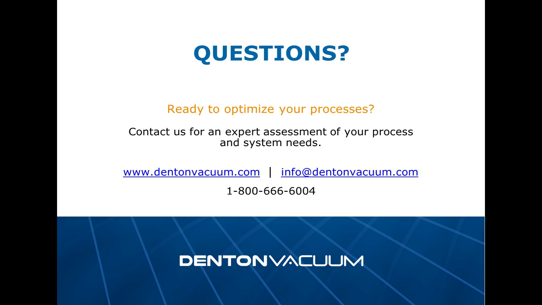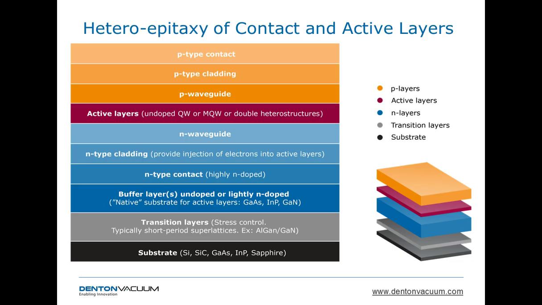Just like with growing the active layers on a different substrate, as I mentioned in one of my slides, maybe we can go back to that. Which slide? The heteroepitaxy slide. Yeah, if we look at this, the first layers after the substrate are the transition layers, and these are for stress control.